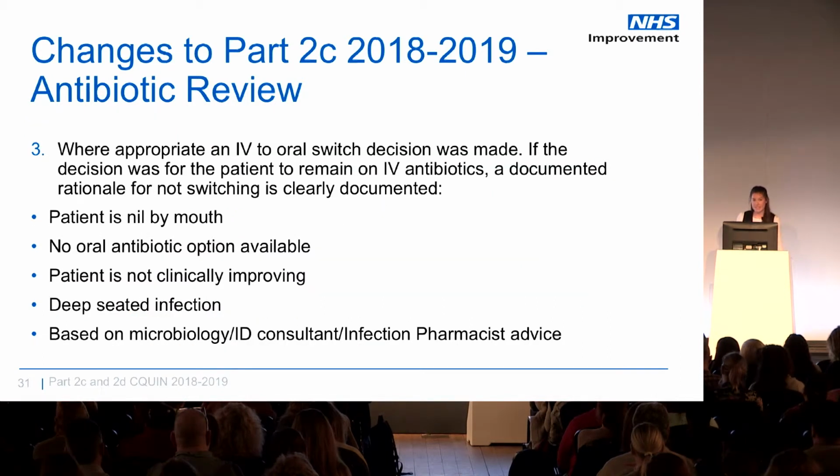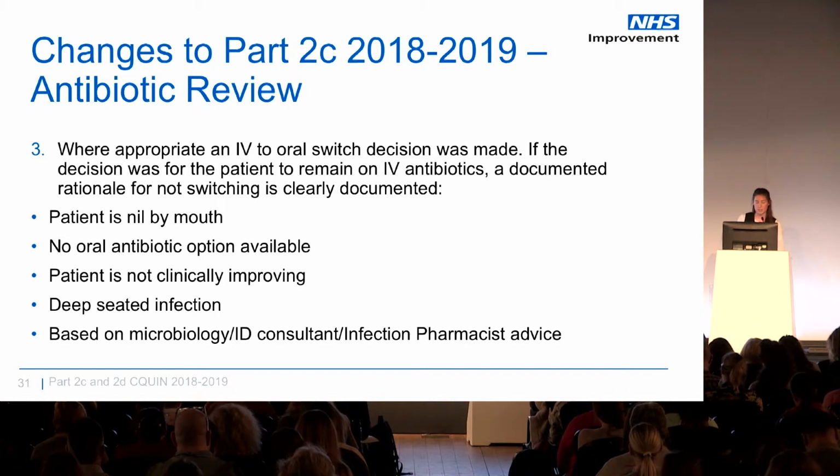So the third criterion details that if the decision for the patient is to remain on an IV antibiotic post the 24 to 72-hour review, there should be a documented rationale in the medical notes as to why that patient needs an IV antibiotic. So these are just examples, but we would expect one of these options to be documented in the medical notes so that it's clear for the clinical team.